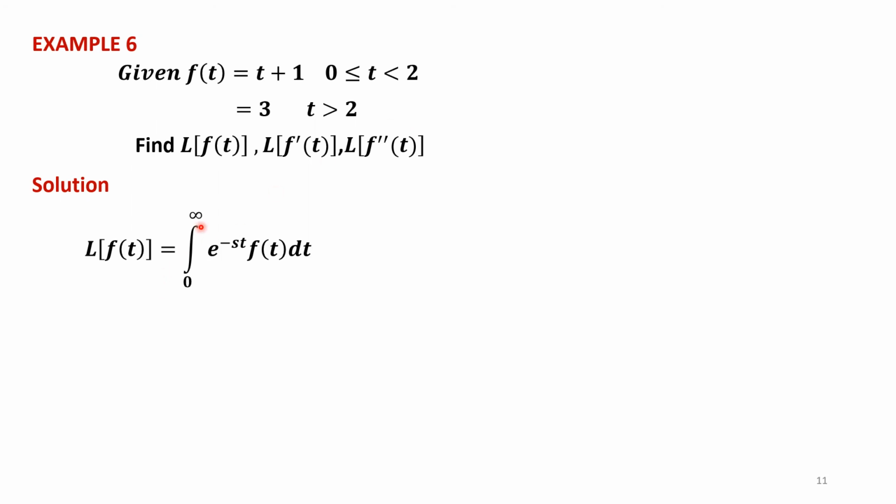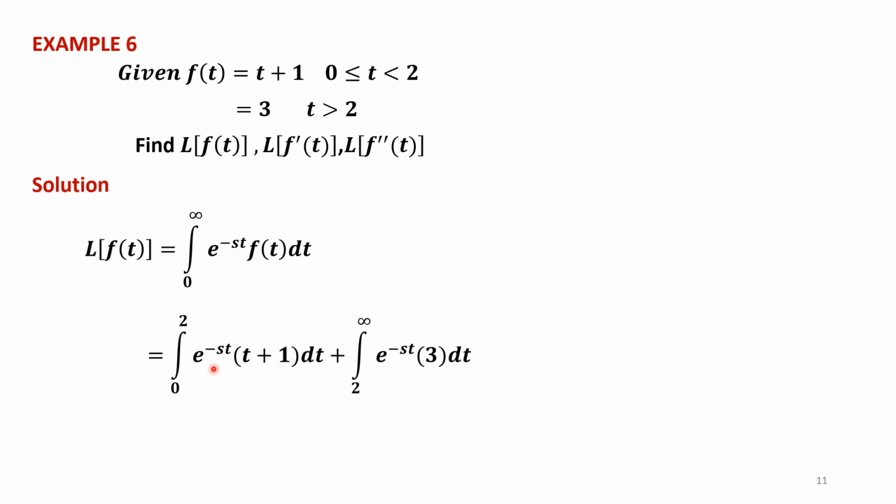So writing 0 to infinity as 0 to 2 plus 2 to infinity. In 0 to 2, the function defined is t plus 1, and in 2 to infinity, the function defined is 3. So we have integral 0 to 2 e raised to minus st into t plus 1 dt plus integral 2 to infinity e raised to minus st into 3 dt.